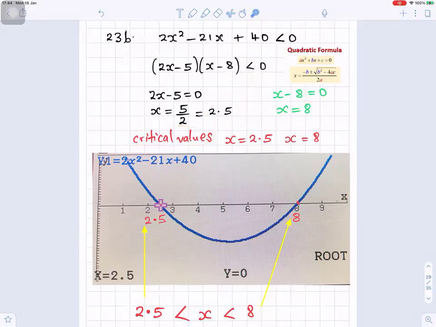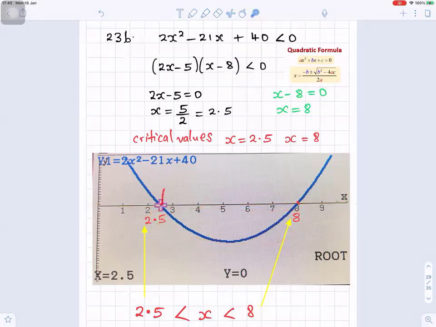When you plot the graph, the 2.5 you can see there and the 8 you can see there, that's where it crosses the x-axis. That is the x-axis. So critical values, the 8 and the 2.5. Now, when you plot the graph, it would have this U shape, and you want the values where it is less than 0. If you notice where it is less than 0, if you put this line along the x-axis, all this underneath is less than 0.